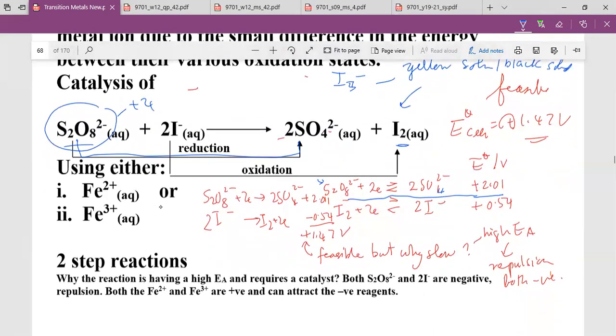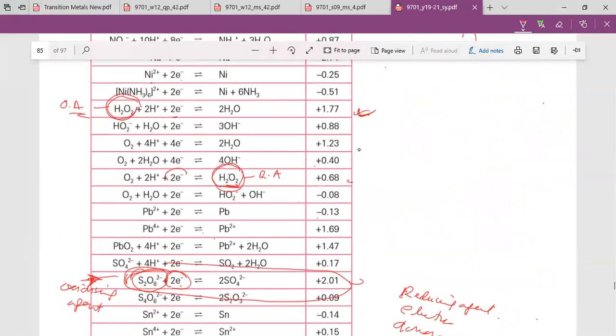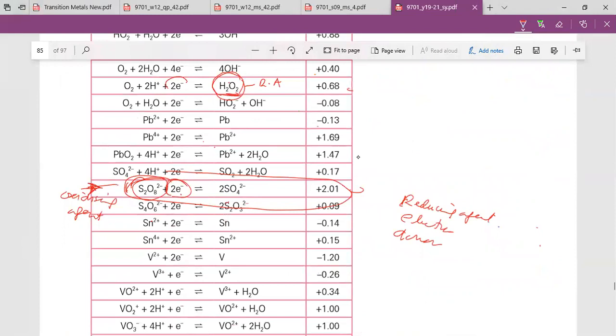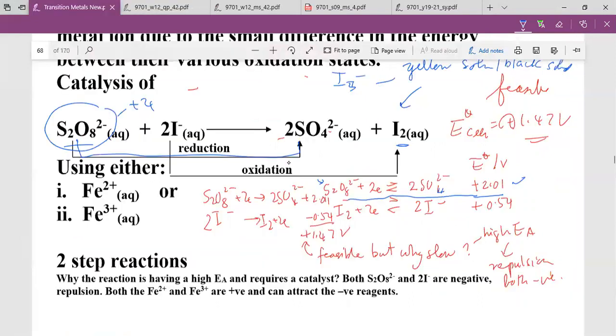Now remember, this is your E0 value. You check, you don't believe me, right? Now here, S2O8 2 minus plus 2 electrons would be plus 2.01, and of course it undergoes reduction.